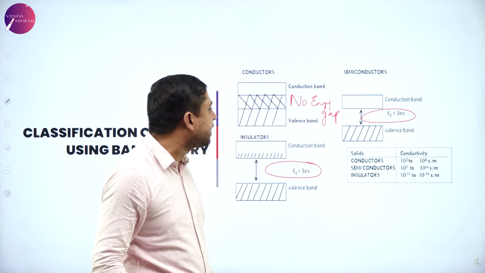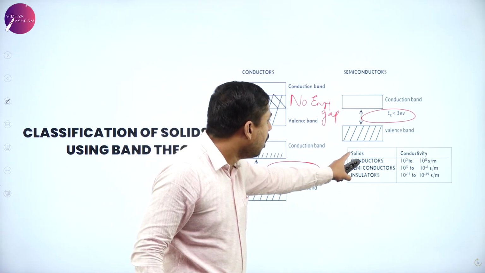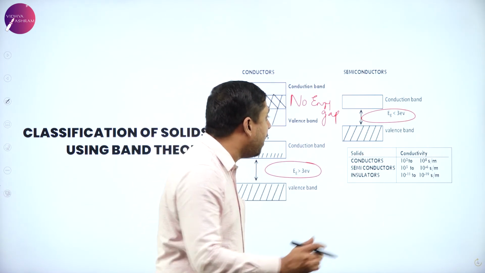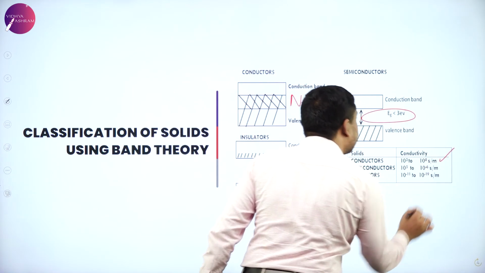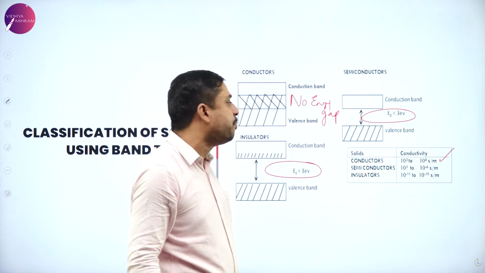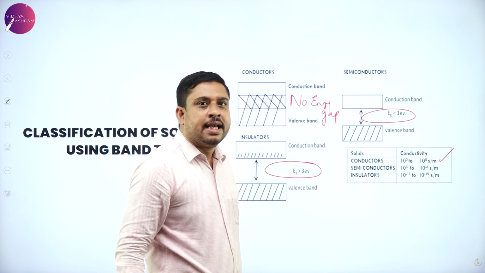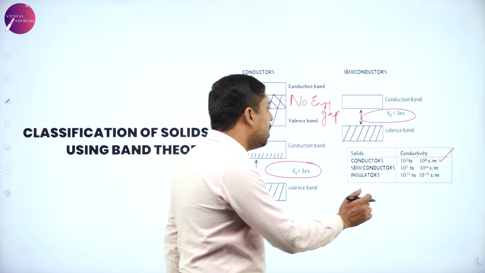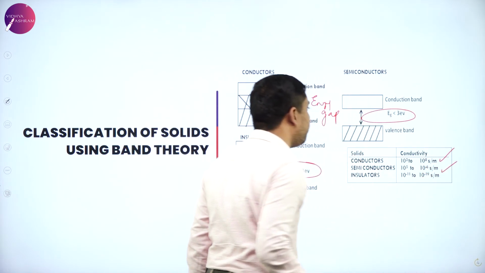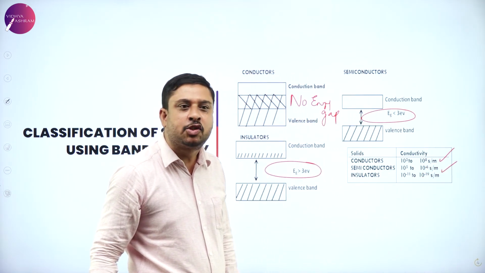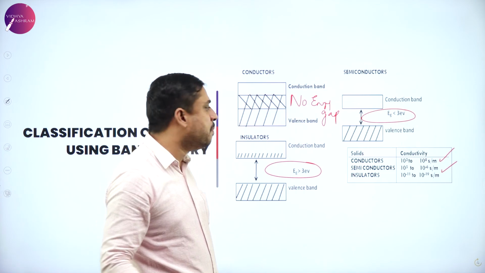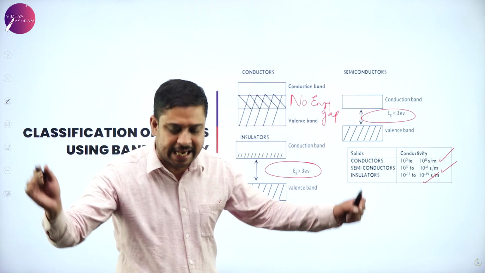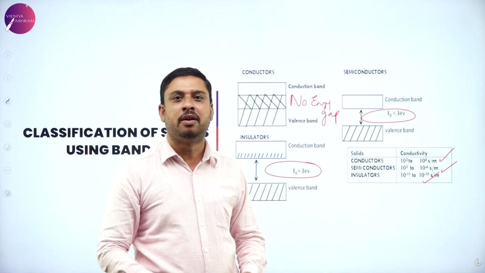So we say conductivity of a conductor is 10 power 2 to 10 power 8 Siemens per meter. Semiconductor 10 power 5 to 10 power 6 Siemens per meter. Insulator 10 power minus 11 to 10 power minus 19. No conduction at all.